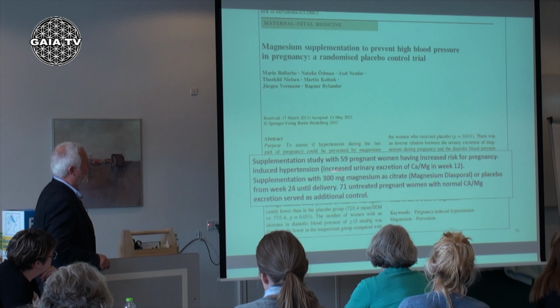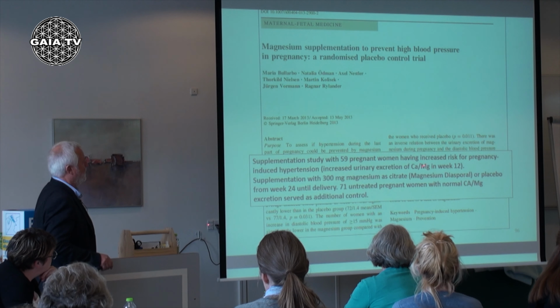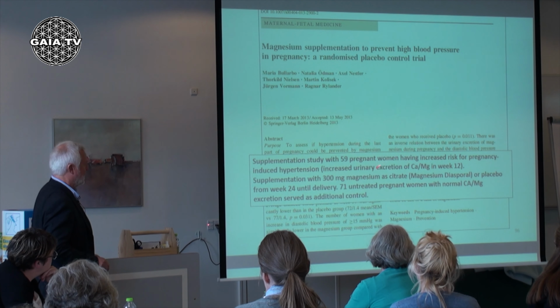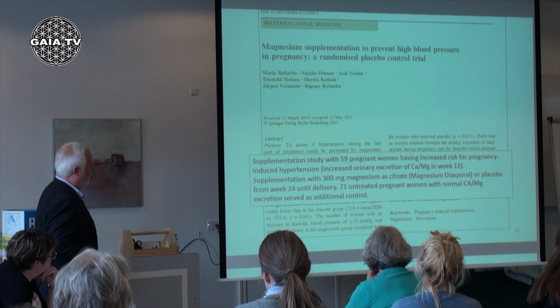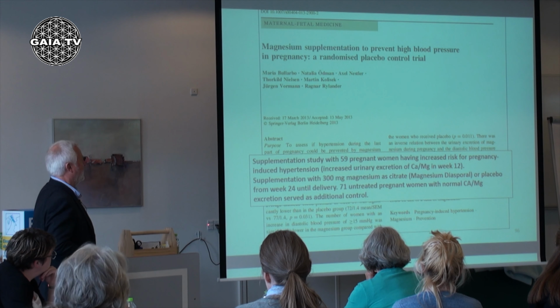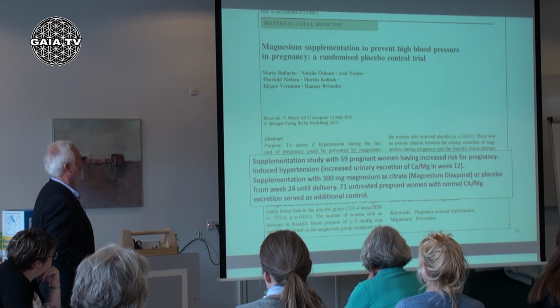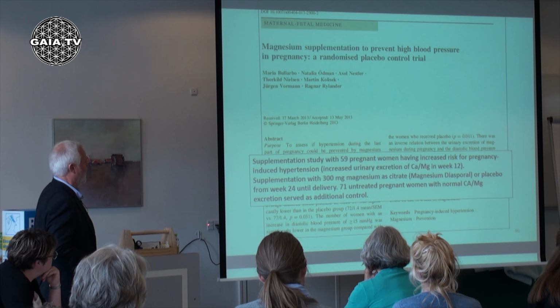This is the case when there is an increased urinary excretion of calcium and magnesium in the early phase of pregnancy. And we supplemented them with magnesium or placebo from week 24 till delivery. And in addition to these women, we also had a group of untreated women who did not want to take part in a supplementation study.